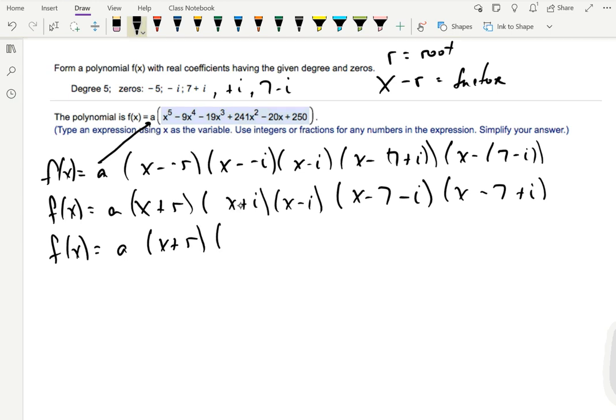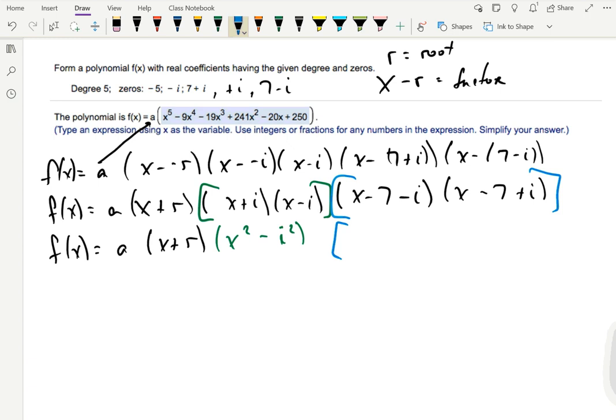Now over here we've got conjugate pairs. Let's group these two together. It's going to be the square of the first term, which is x squared. Then I'm going to end up with minus ix plus ix, which goes to 0 ix's. Then I have i times minus i, which is minus i squared. Now let's take these over here together.